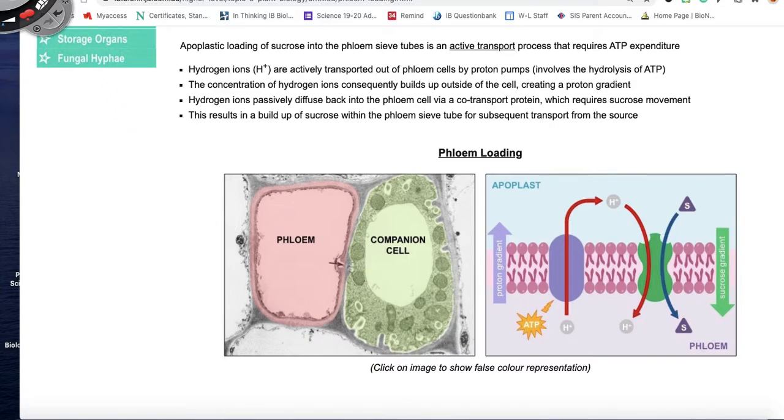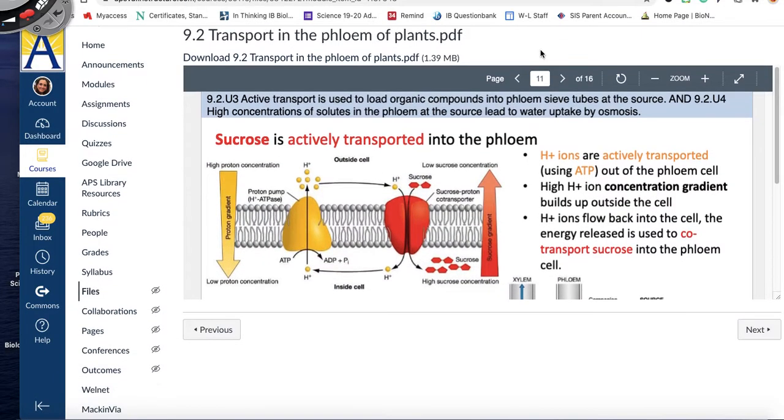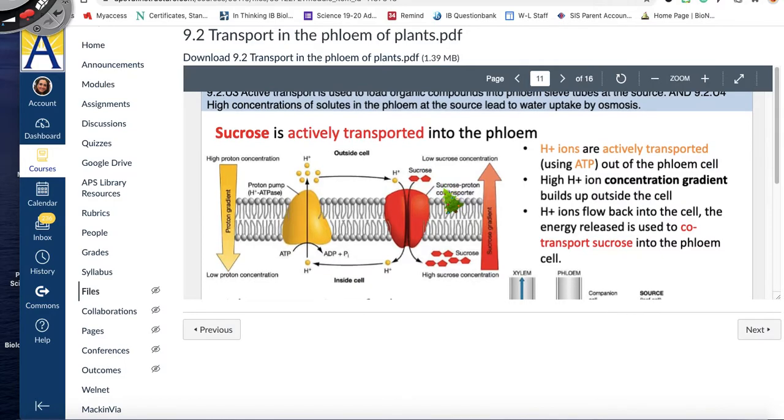There's another slide in your notes that also shows how sucrose is actively transported. So the same thing I showed you right now, just in different colors, right? So here's the hydrogen being pumped from the inside of the cell to the outside of the cell.